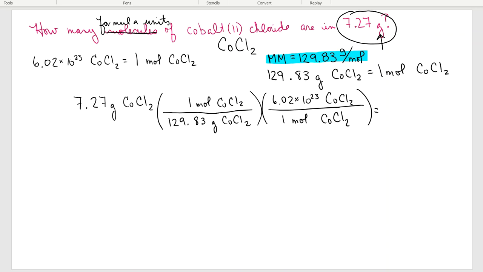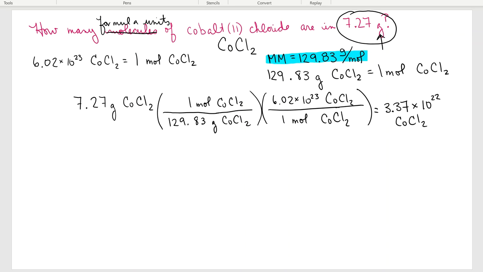So 7.27 times 6.02 times 10 to the 23rd divided by 129.83 gives us a number of formula units of cobalt 2 chloride of 3.37 times 10 to the 22nd units.